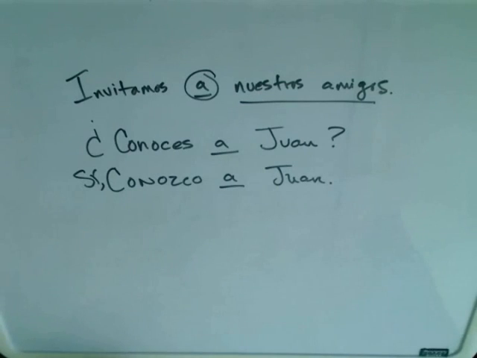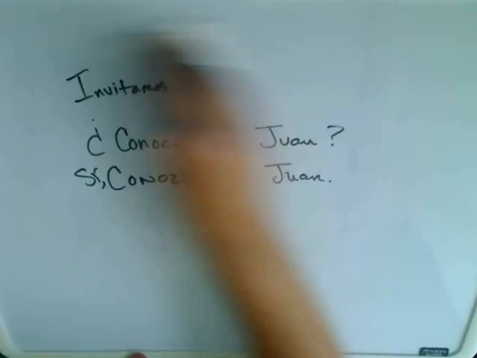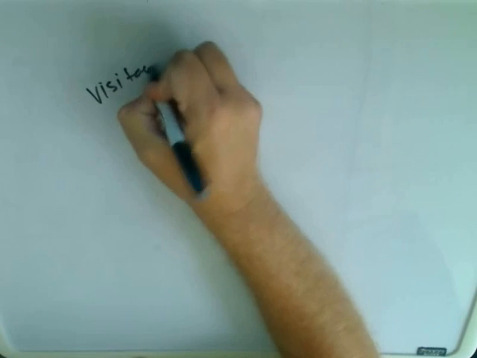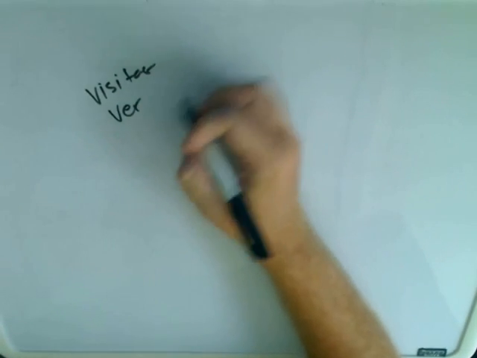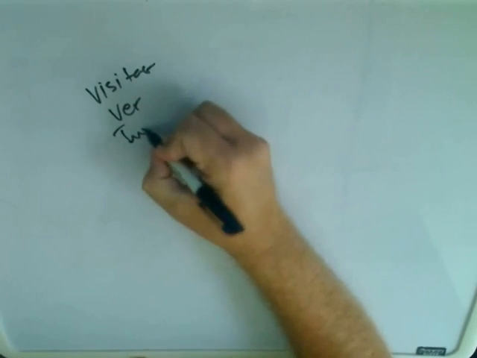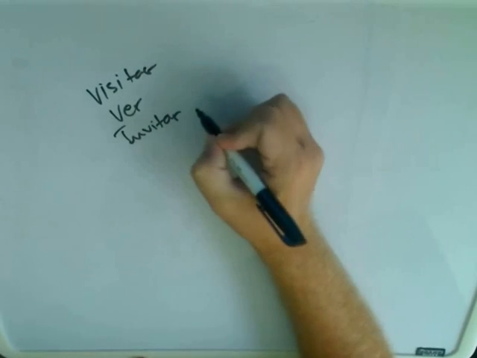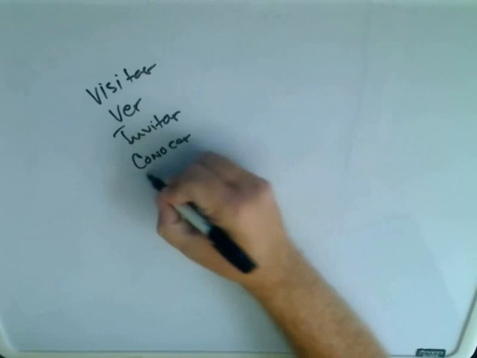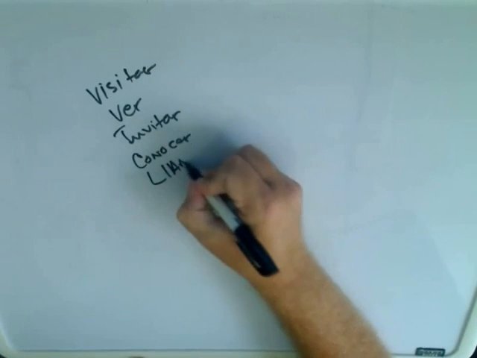A couple other examples. These are some of the typical verbs that you do see the a personal with: verbs like visitar, to see someone, ver a, to invite someone, invitar, to know someone, conocer, even to call someone, llamar.